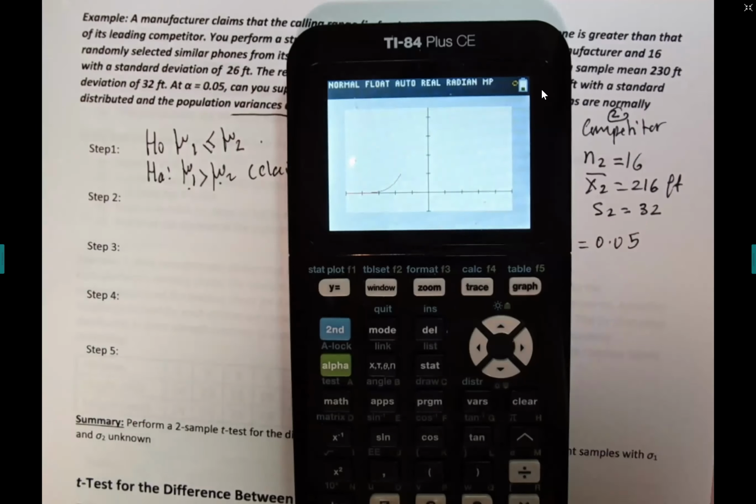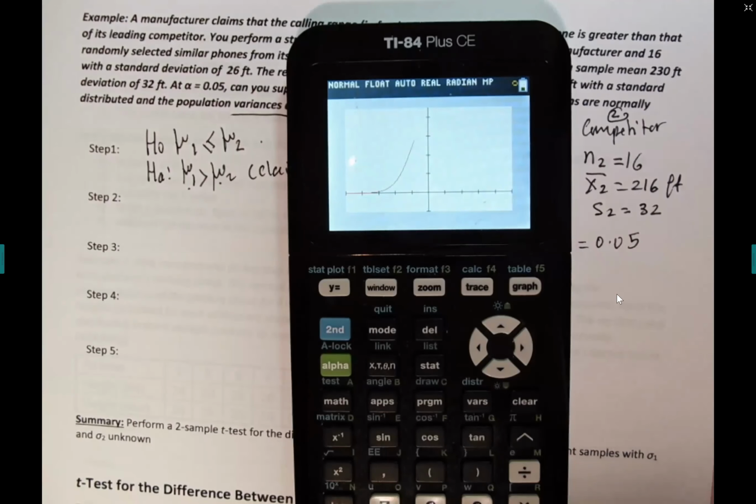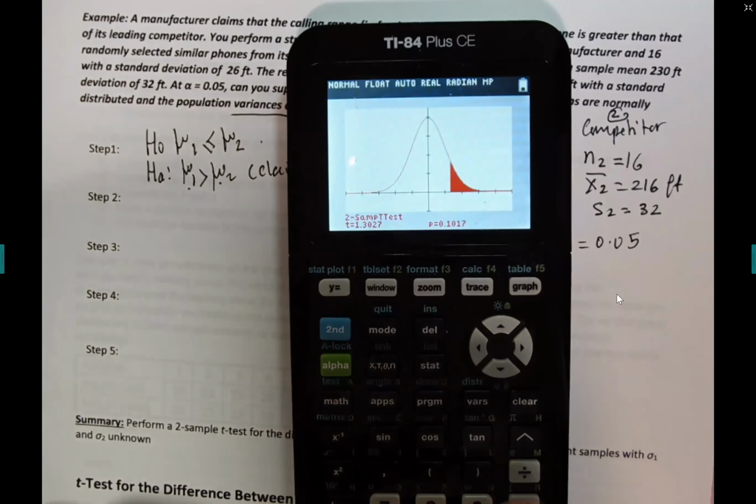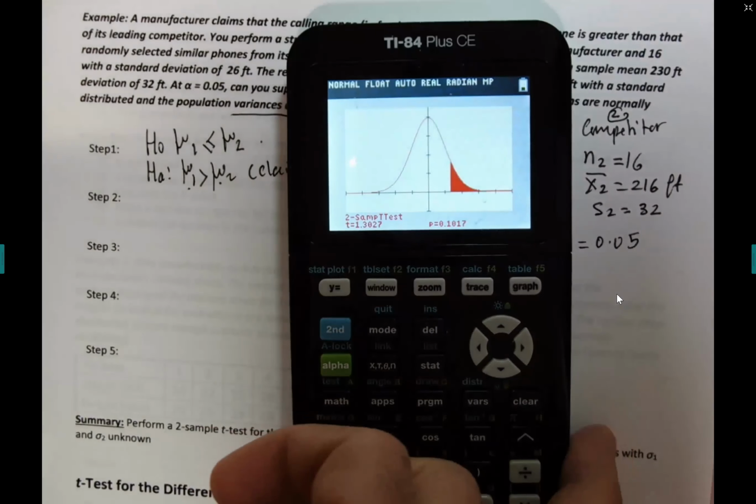Straighten this. Takes a little bit of time because it's a higher resolution. Okay. So T is 1.3027, which is 3 decimals, so 1.303.